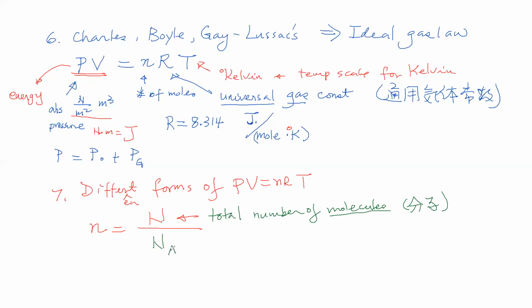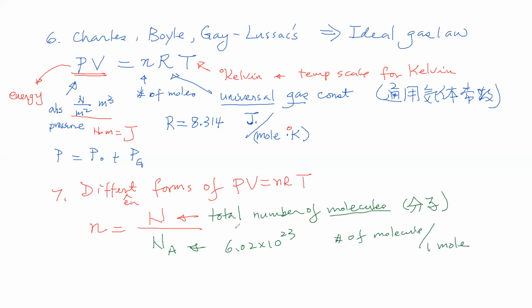So N capital A is Avogadro's number, which is 6.02 times 10 to the 23, and there's no unit there, it's just the number. So then when you divide them together, oh no, this is the number of molecules divided by 1 mole. I misspoke.